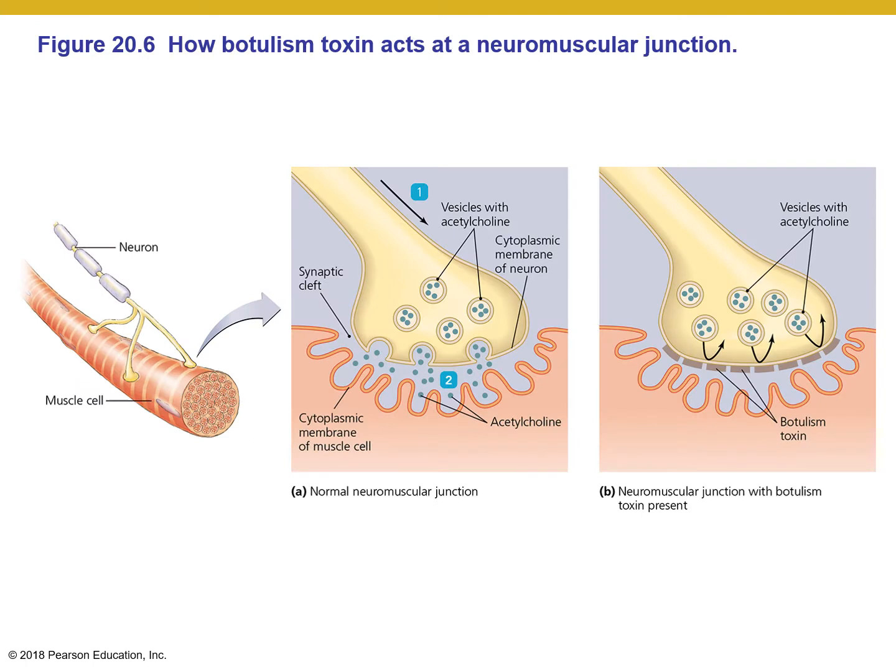So basically what the toxin does is that it blocks the nerve from releasing acetylcholine. And so no acetylcholine, and you're not going to be able to contract the muscles.